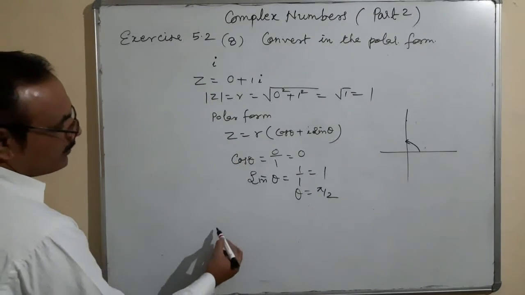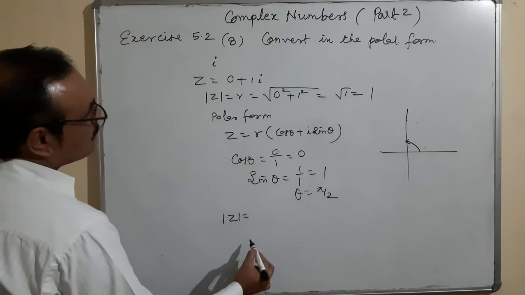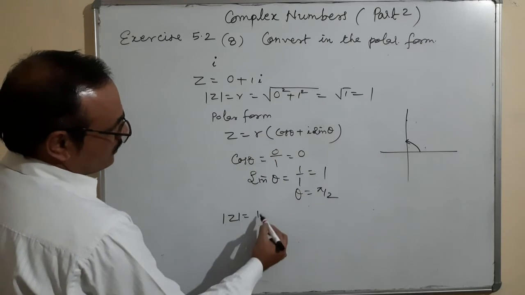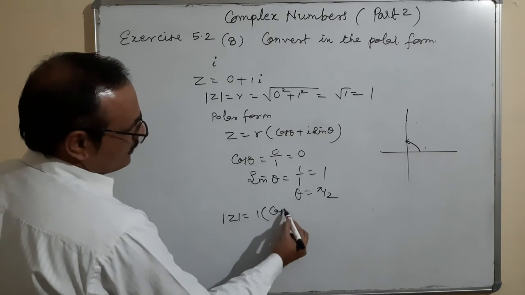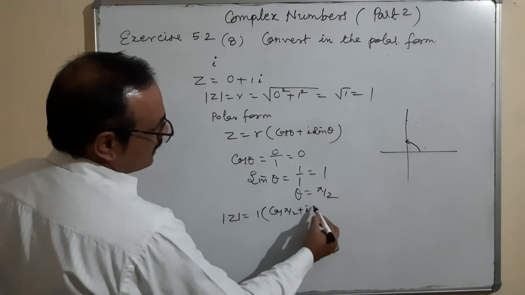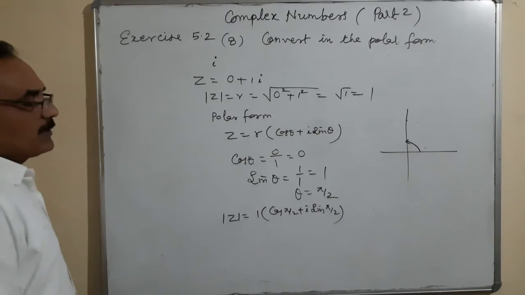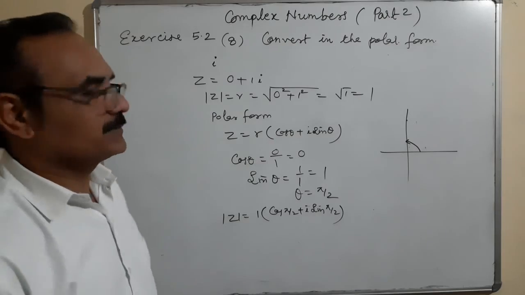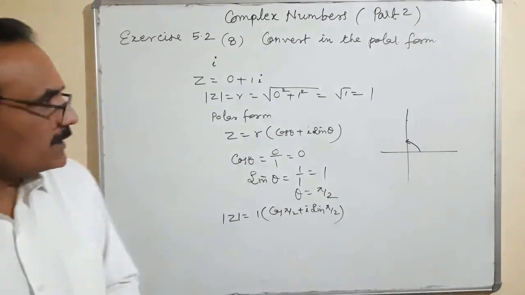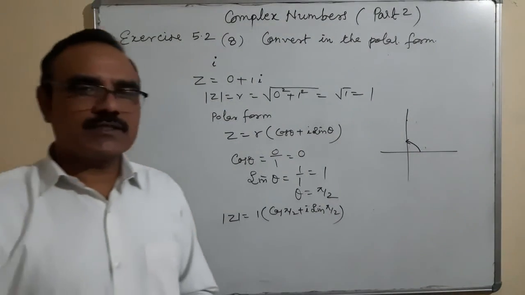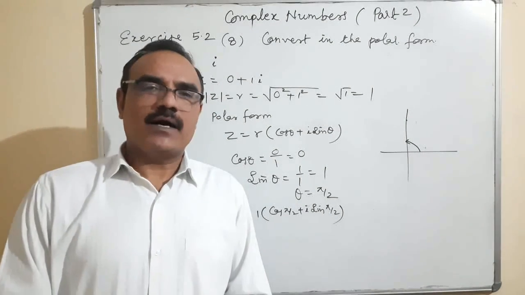So the polar form is Z is equal to 1 (cos pi by 2 plus i sin pi by 2). That's all. This is the representation in polar form and the Argand plane.